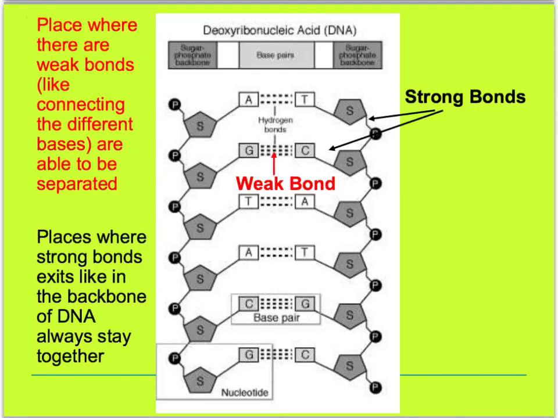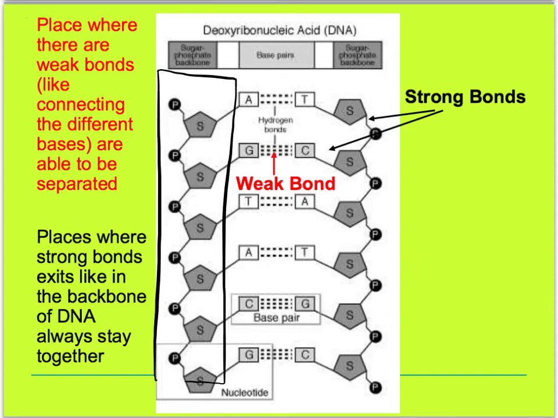The last important thing about DNA structure is we have our sugar-phosphate strong backbone, and along this strong backbone there are some things called strong bonds. So between every phosphate and sugar, they are connected by very strong bonds or very strong attachments. Think of it as crazy glue.